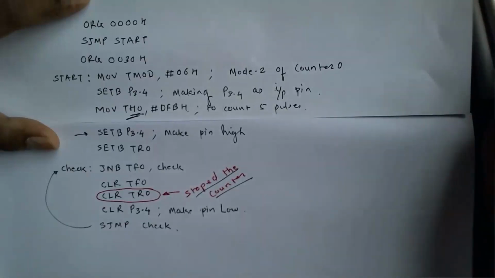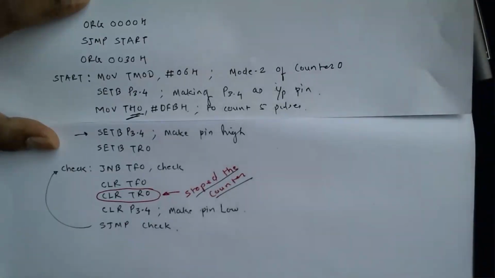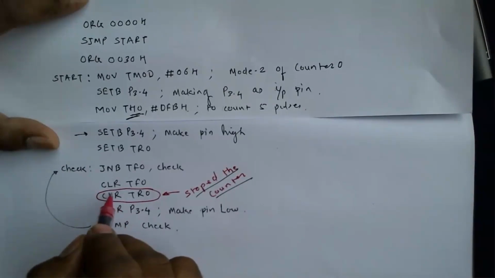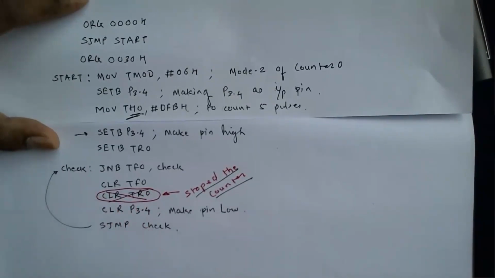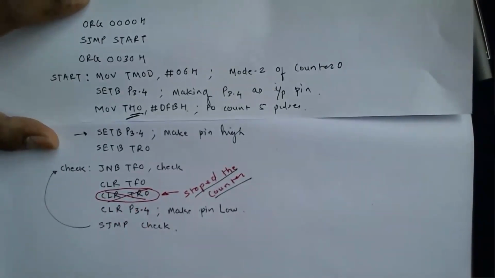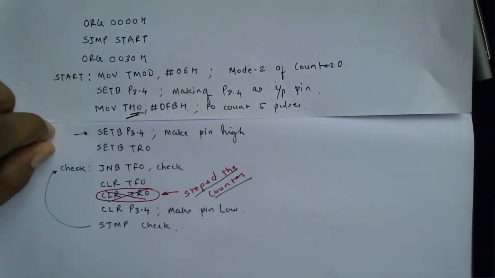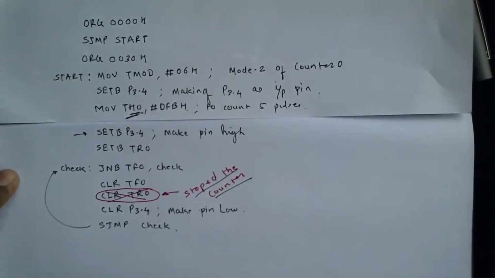So keep in mind again, whenever you are using auto reload mode, clear TR0 should not be used, because by using it we are stopping the particular timer or counter.